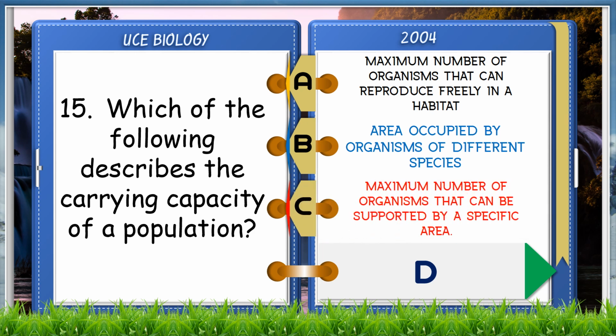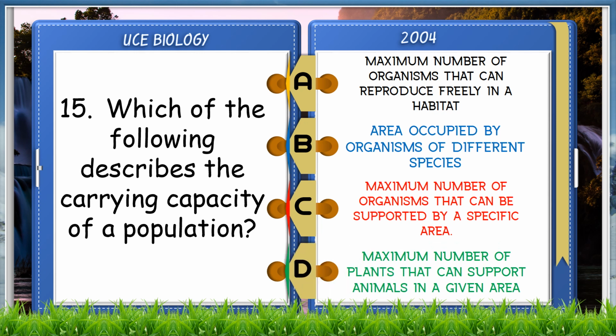C. Maximum number of organisms that can be supported by a specific area. D. Maximum number of plants that can support animals in a given area. The answer is C. Maximum number of organisms that can be supported by a specific area.